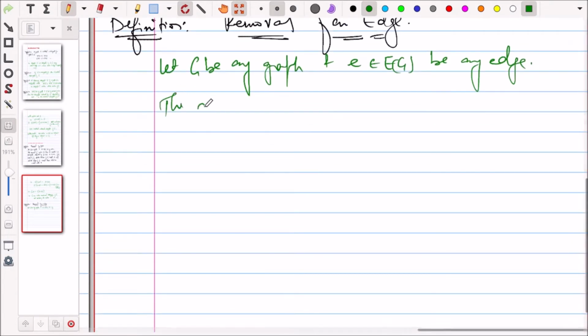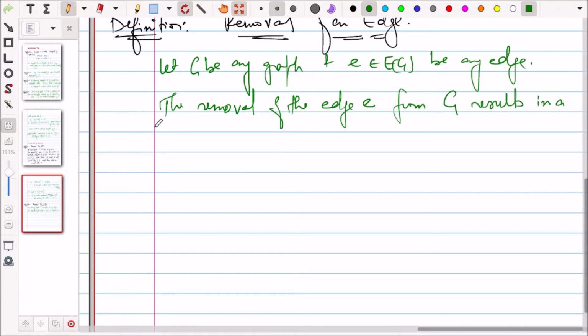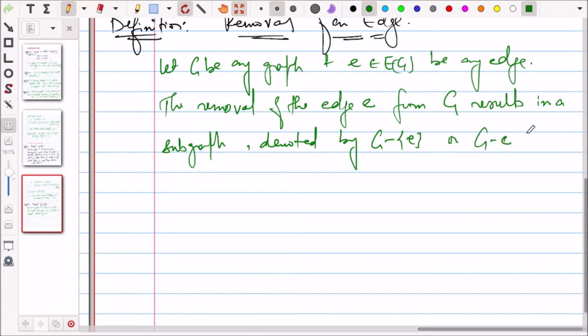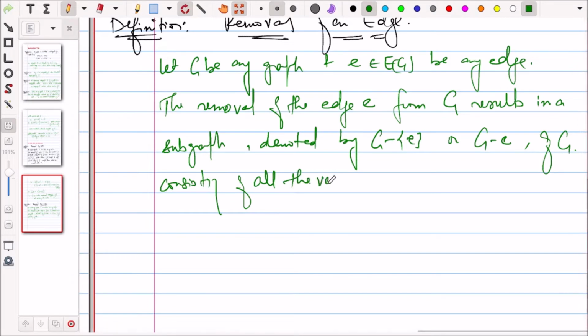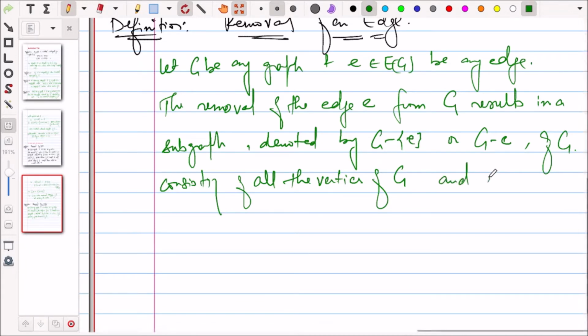The removal of the edge e from G results in a subgraph denoted by G minus e of G. So what will it consist of? What gets removed if we remove an edge? It consists of all the vertices of G, so all the vertices remain because no vertex has been removed, okay? And all the edges of G except e.